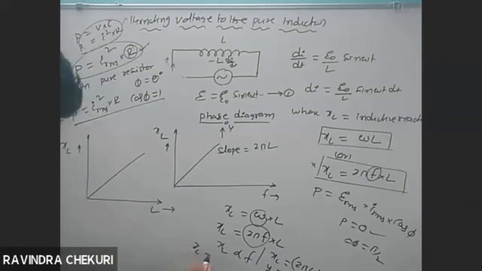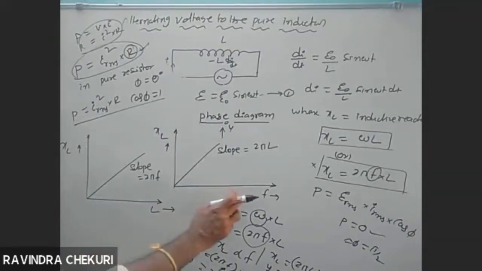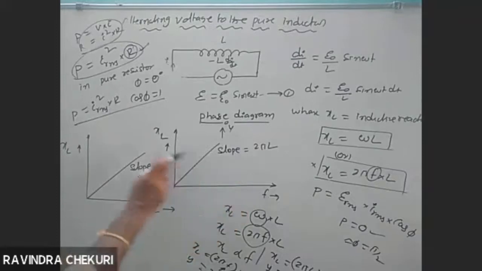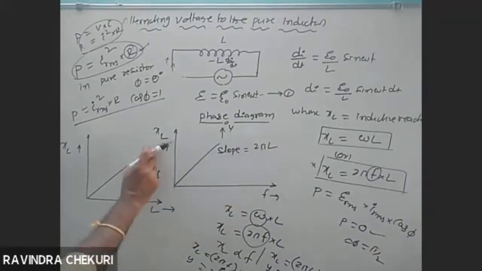So XL is equal to 2 pi f into L, which is y is equal to mx. Here m is 2 pi f, the slope of this line. Here frequency is constant and XL is directly proportional to L. When L is constant, XL is directly proportional to frequency.